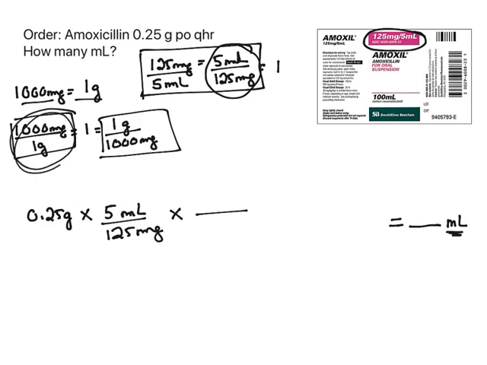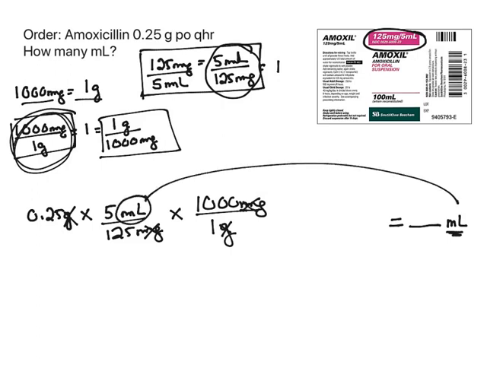So I think I'm going to choose this one. This gives me 1,000 milligrams over 1 gram. And now I'm going to do my cancellation of units. My grams cancel, my milligrams cancel, and the only unit I have left is mils. That's what I want. So I know I'm done. So now I just need to do the math.